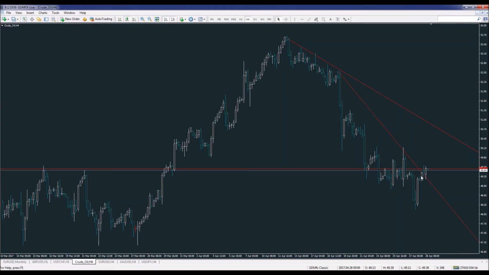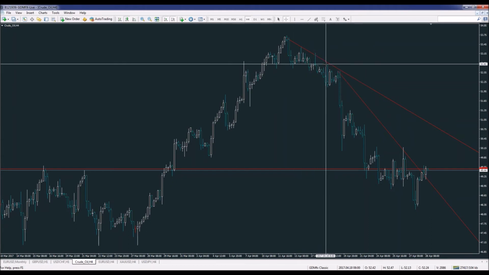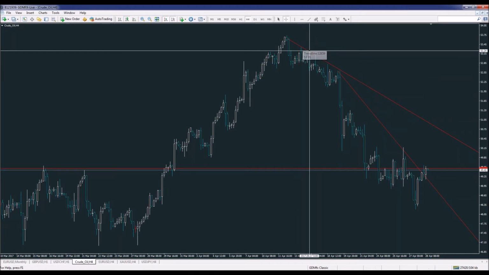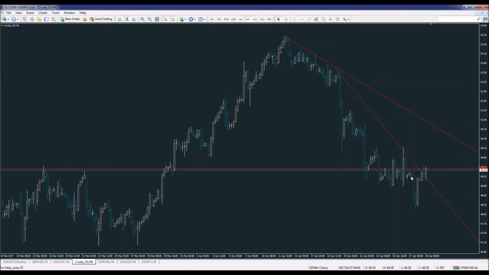So what we have here is if we have entered positions somewhere here within these spikes on the trend line, okay? So from here to here, or at this current price, we're looking at roughly a little over $3. That's $3,000 of profit for about 35 sessions.